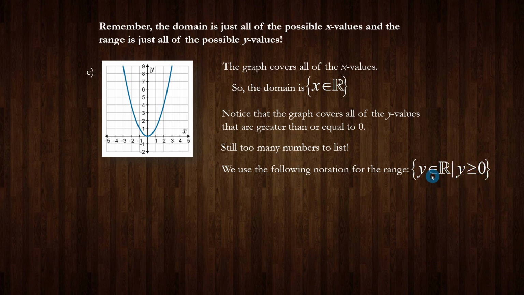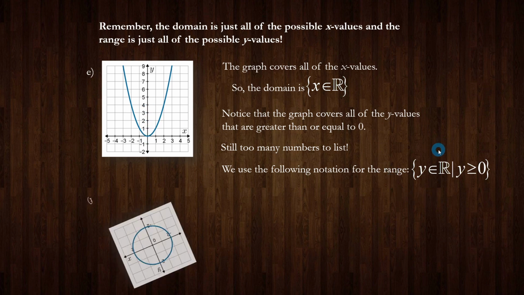So we're talking about infinitely many real numbers for our range, but only y values greater than or equal to 0. I'll read this formally: y is an element of the real numbers such that y is greater than or equal to 0. We're talking about all the y values that are 0 or higher. That's how we state the range here.